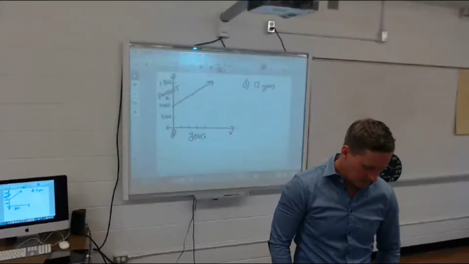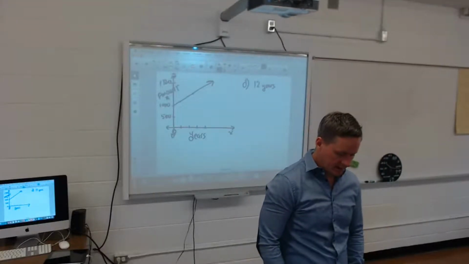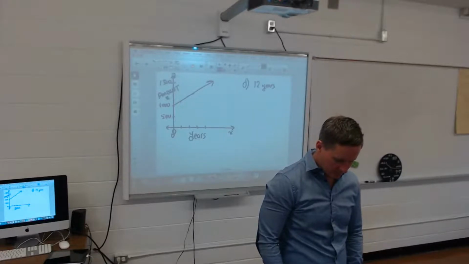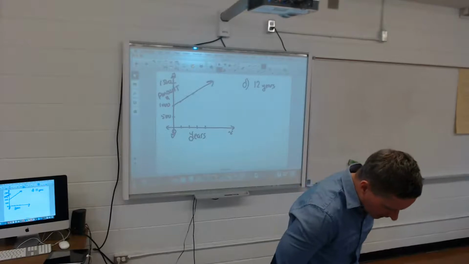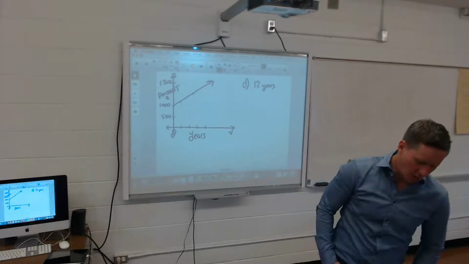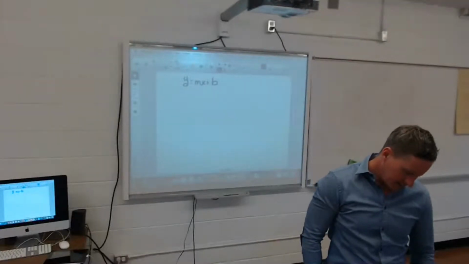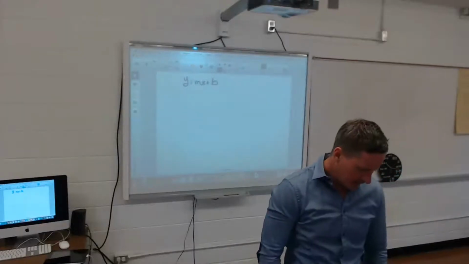Molly and I have one question. Okay. She's working today, that's why she's not here. Which question are you looking at? Page 152, 3C. Okay. It asks us to write in slope point form and then slope intercept form and then general form.